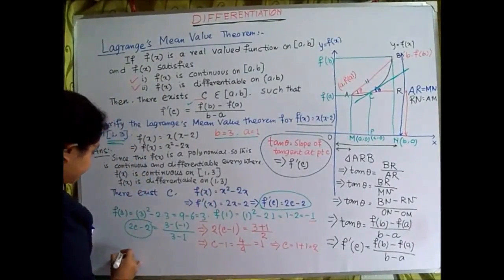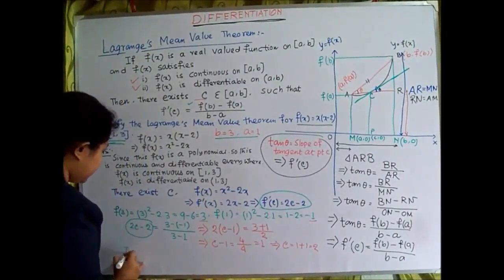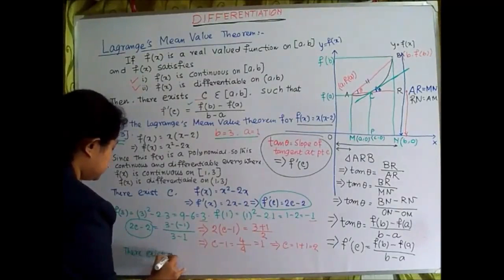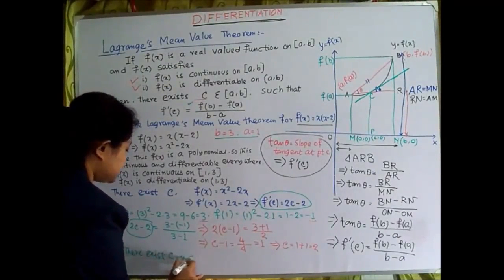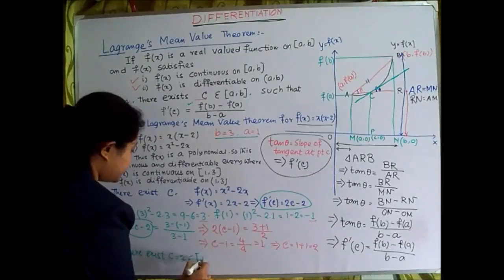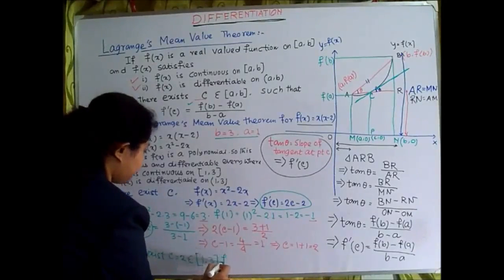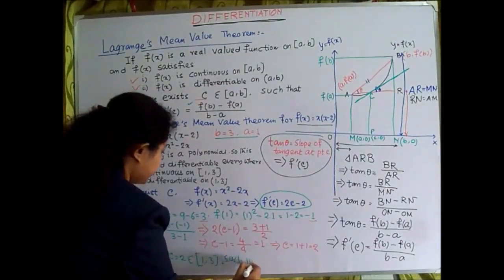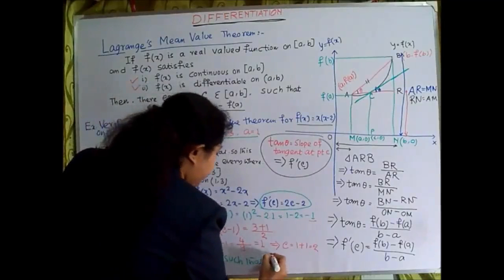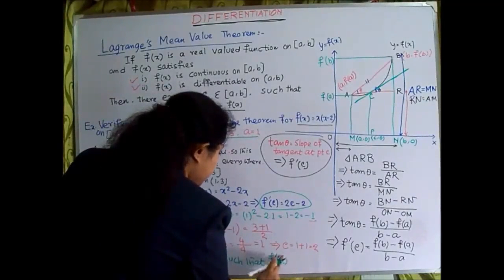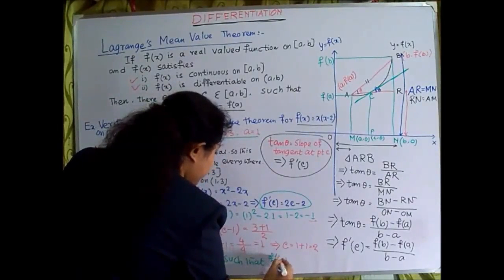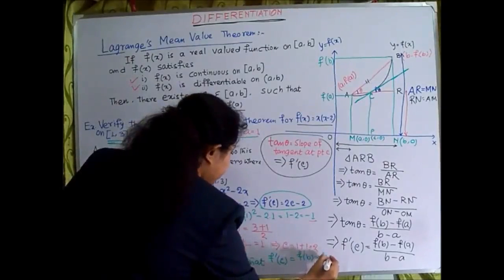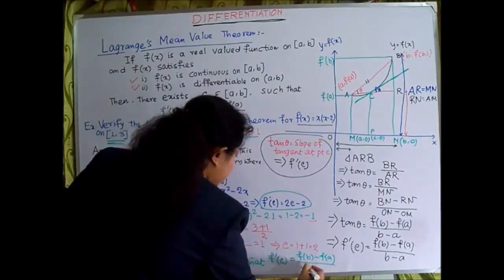So we can say there exists C equal to 2, which lies within 1, 3, such that F prime C is equal to Fb minus Fa divided by b minus a.